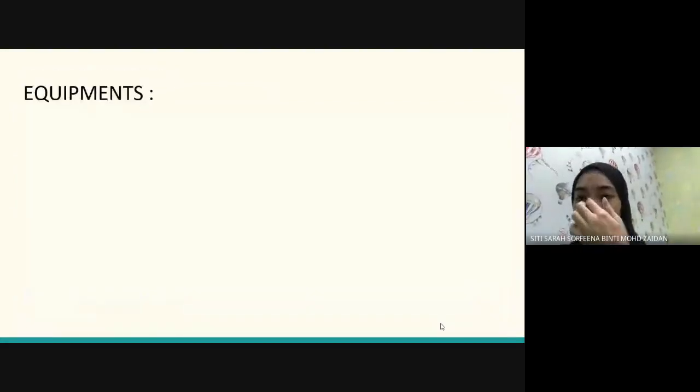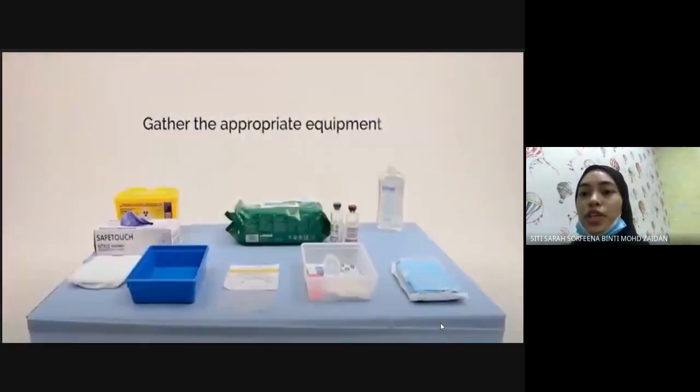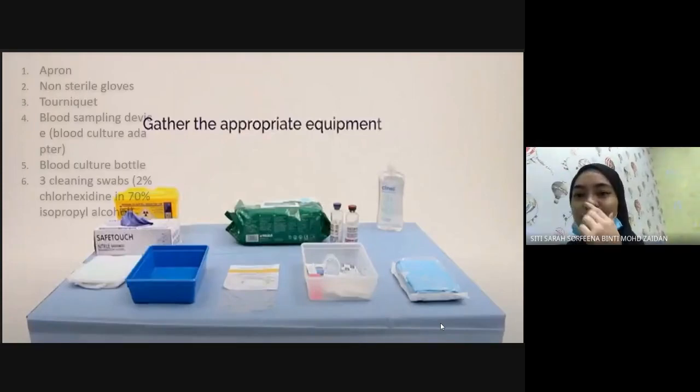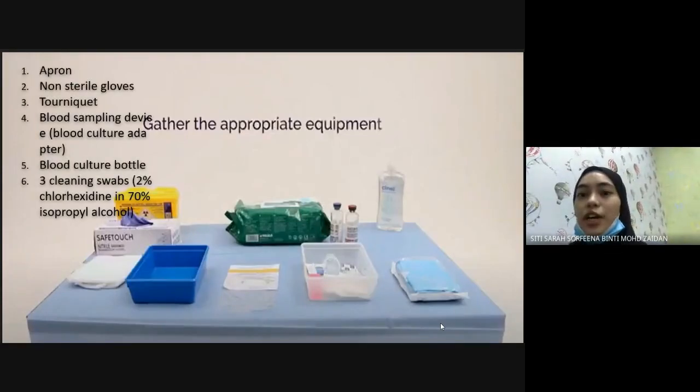Next. So the equipment that we need are apron, sterile gloves, tourniquet, and blood sampling devices.